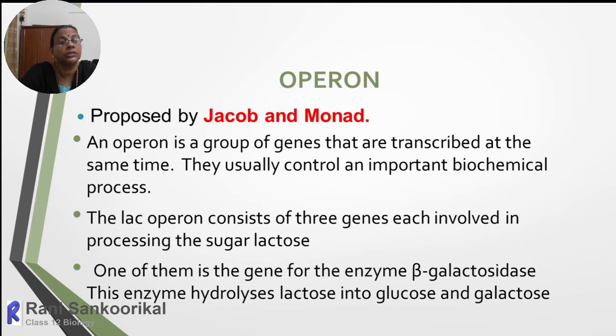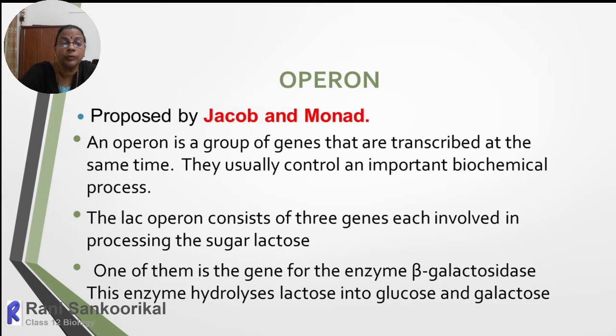But suppose the glucose supply is stopped. Then in order to survive, if you add lactose, you know, glucose is a monosaccharide and lactose is a disaccharide. They can survive even in a medium which contains lactose in the absence of glucose, as a source of carbon.